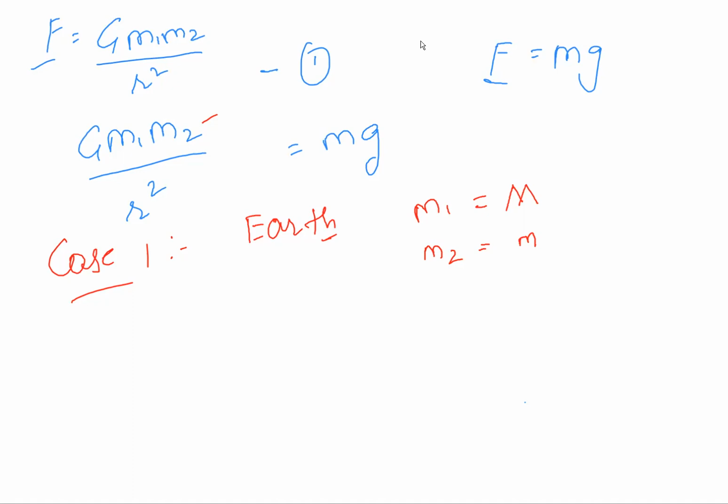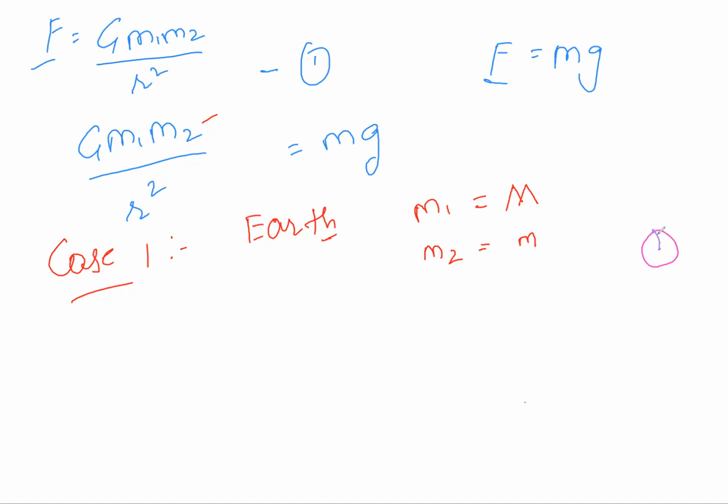Okay, then the radius, the distance between the stone and the Earth. The stone is just here on the Earth surface only. So I have taken the distance from the center to the surface of the Earth.